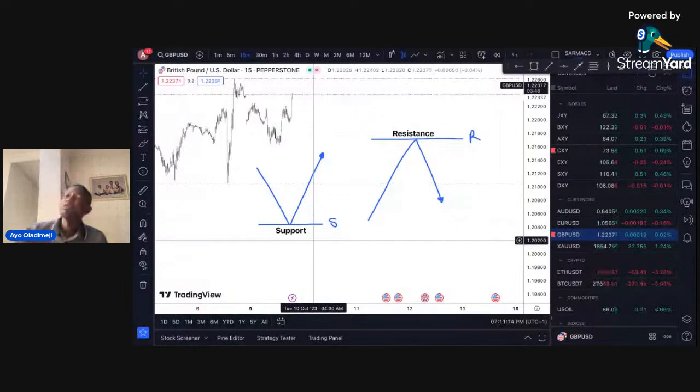A support happens when the buyers come to take over the market, when we have a sudden rush or increase in the volume of buyers of a particular currency.